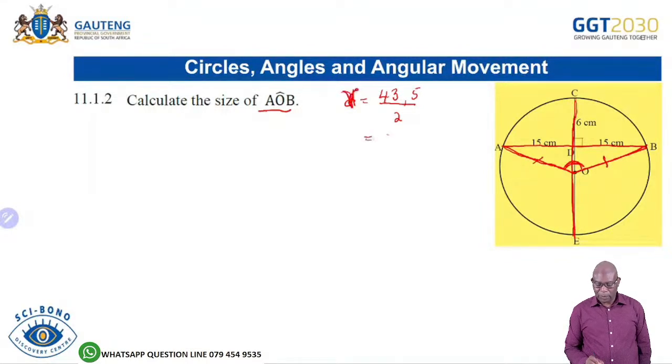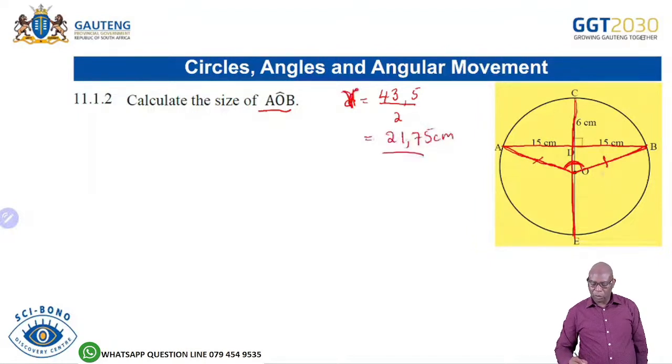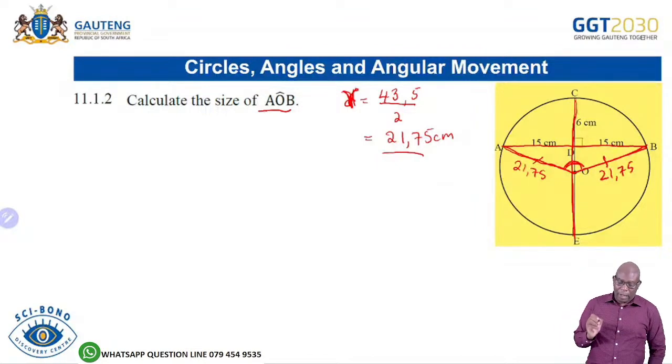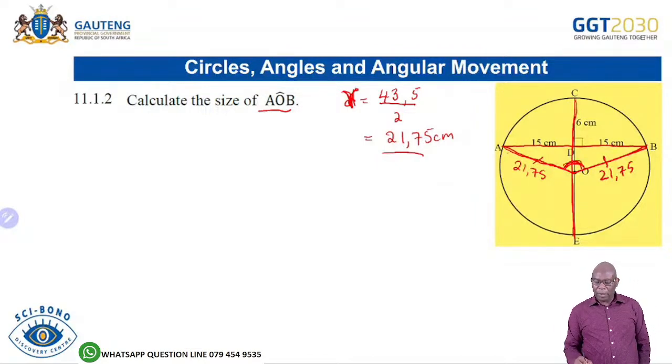So if I divide this by 2, I get 21.75, I think, centimeters, which is my radius. So this line is 21.75. This one is 21.75. I'll show you what I want to do here. Now I need the size of AOB. So AOB in this triangle here, I can only get it by using the cosine rule.